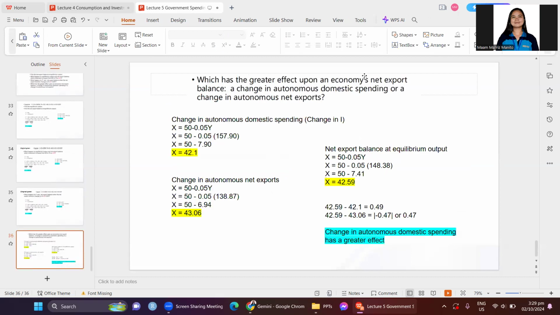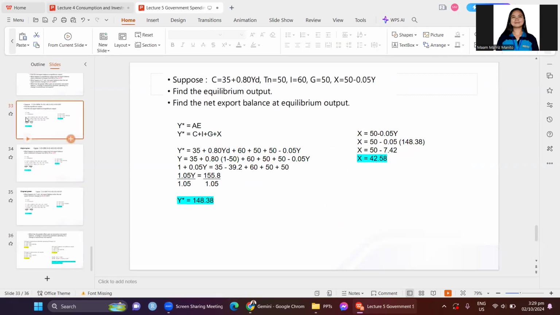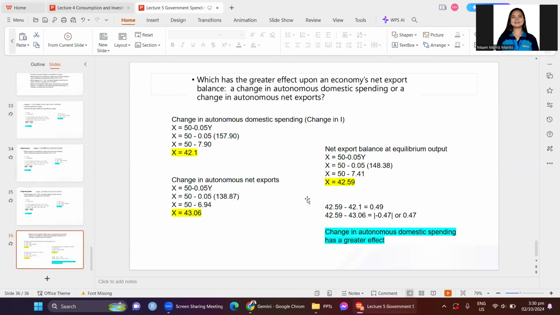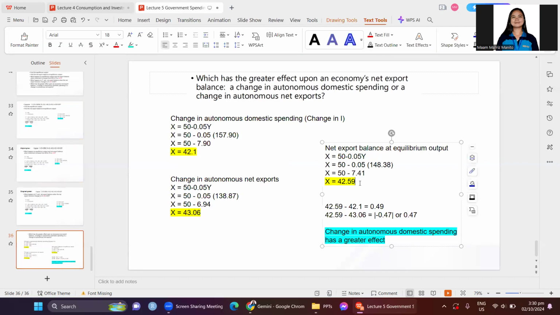Now, which has a greater effect upon an economy's net export balance, a change in autonomous spending or a change in autonomous net export? So we'll just look at the net export balance that we've calculated so far. First one, that will be the original net export balance, 42.58. So this is the first one that we solved.